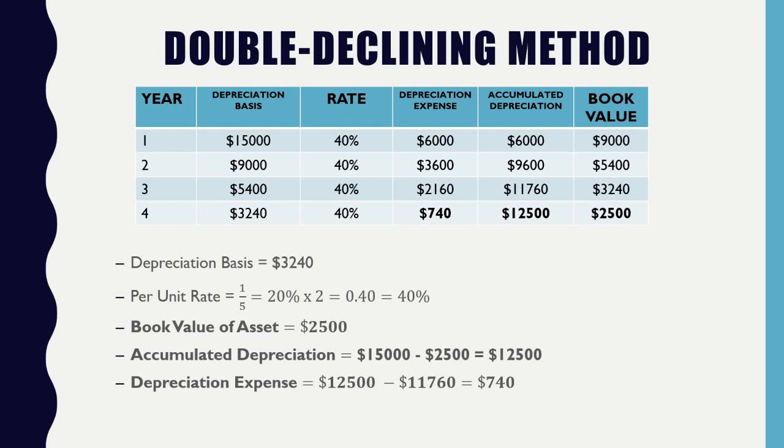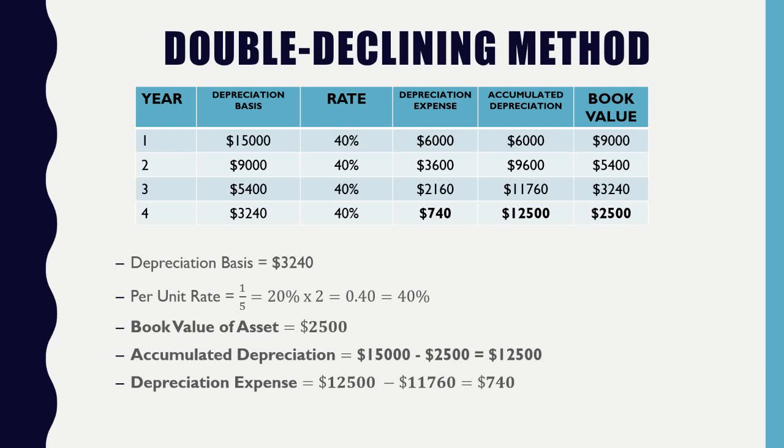So that means we got to work backwards to the point where we recalculate our accumulated depreciation. And then the accumulated depreciation is going to be equal to your asset cost minus your salvage value.